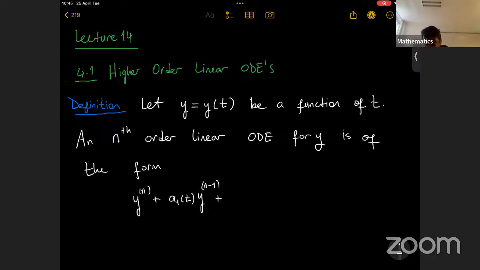And you continue like this. And finally, an(t), the coefficient of y, is equal to b(t).